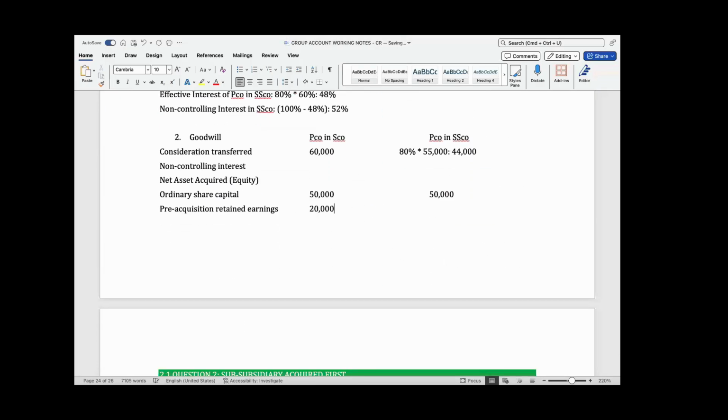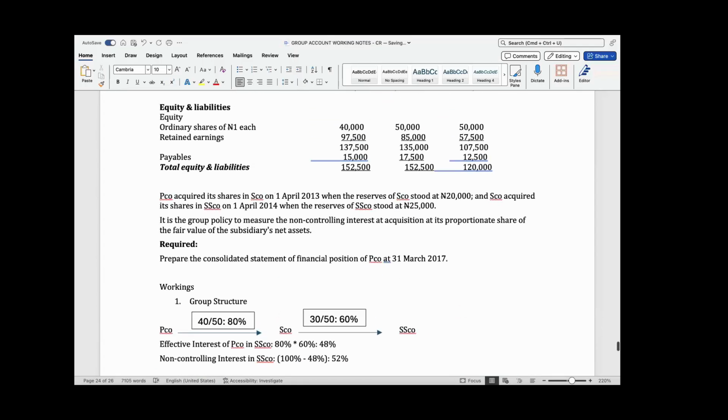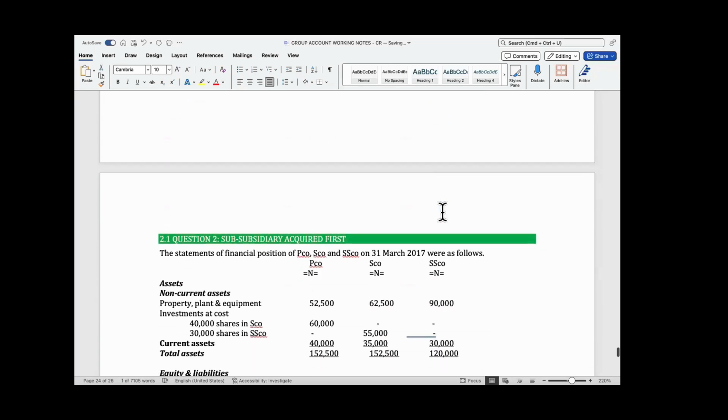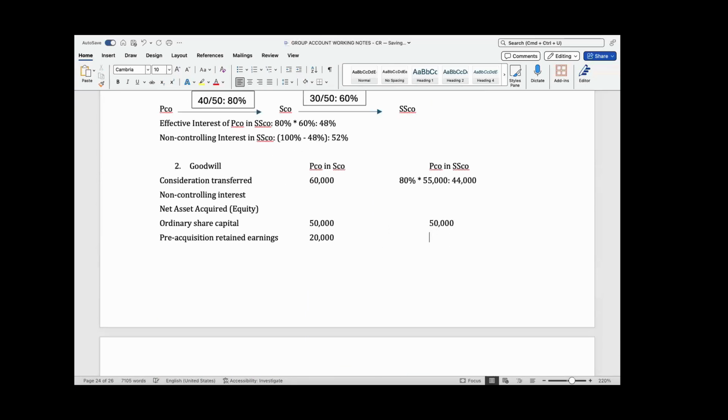What's the pre-acquisition retained earnings of SSCO? ESCO acquired SSCO in April 2014 when the reserves of SSCO stood at 25,000. So SSCO has 25,000.